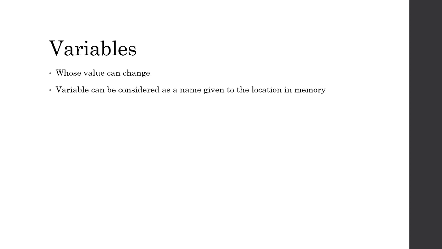So we know that the data is stored in the memory. Each memory is having certain address, that is the memory address, or we can call as a location. So when we declare a variable, a memory is allocated to that variable. So this sentence says that variable can be considered as a name given to the memory location.